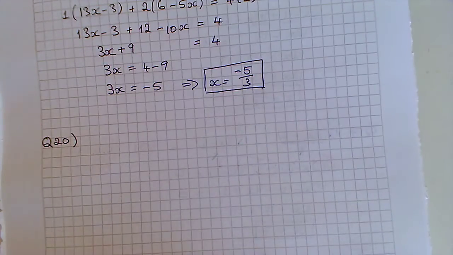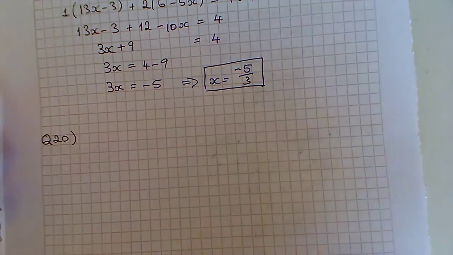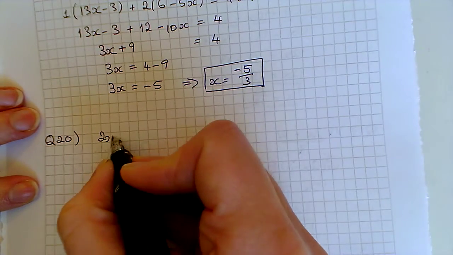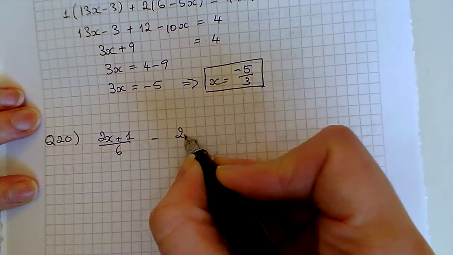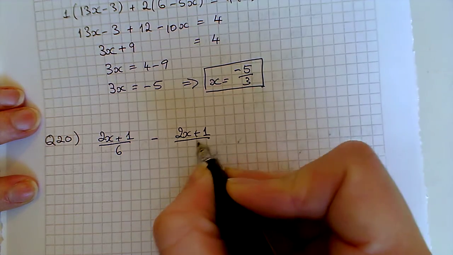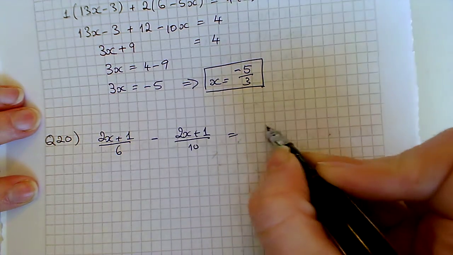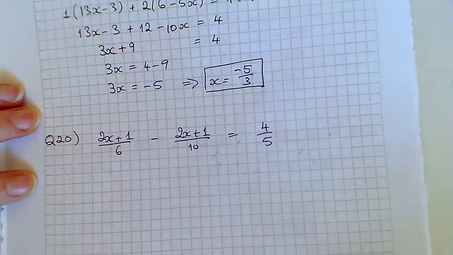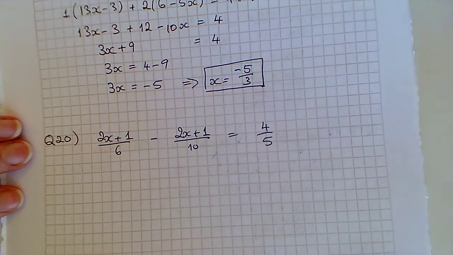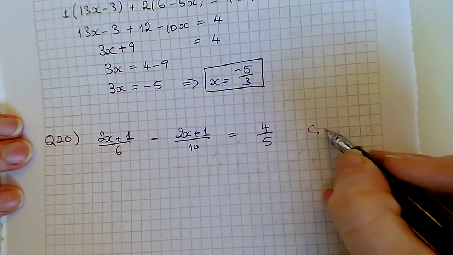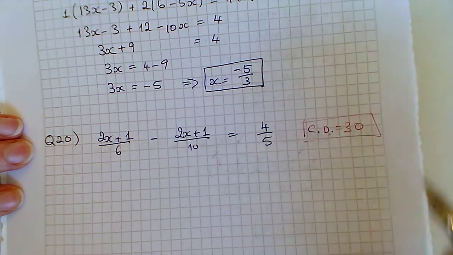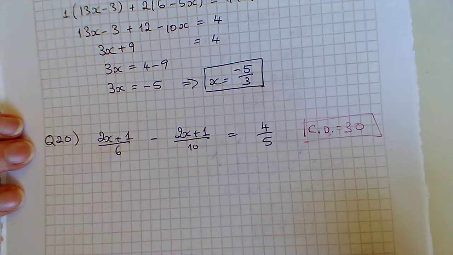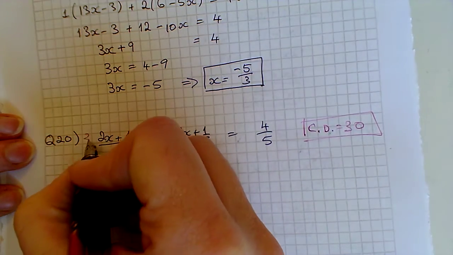And finally, question 20. We had 2x plus 1 over 6 minus 2x plus 1 over 10 equals 4 over 5. Now, what's our common denominator? Unfortunately, we have to go as far as 30 before we get a number that all of them divide into.